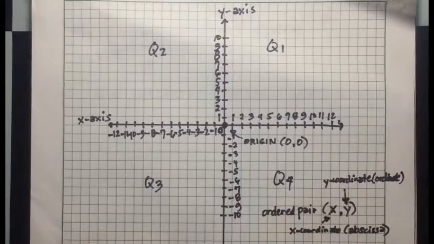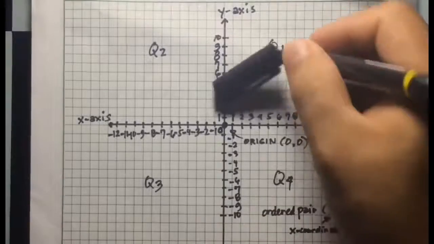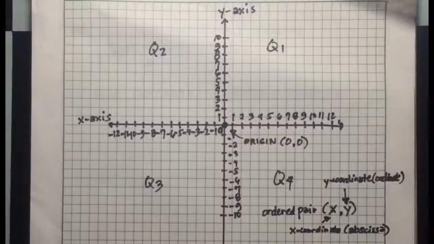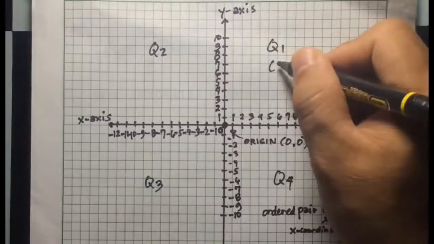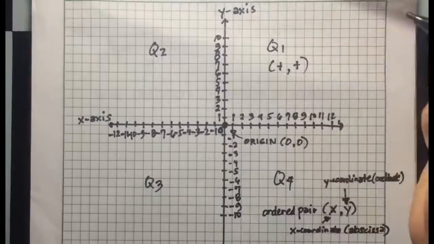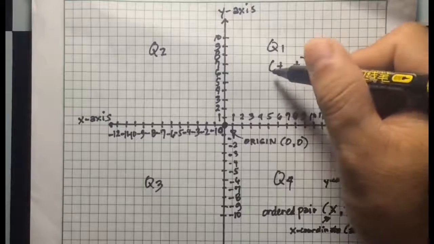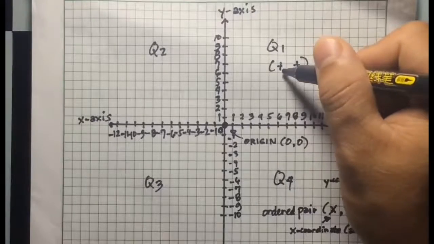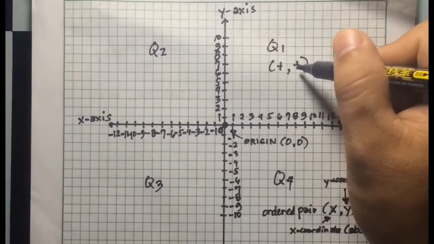Now going back to the quadrants, for quadrant 1, all of the points here have a positive x and positive y. So this is the sign of the coordinates. For the abscissa, it should be positive, and for the ordinate, it should be positive.